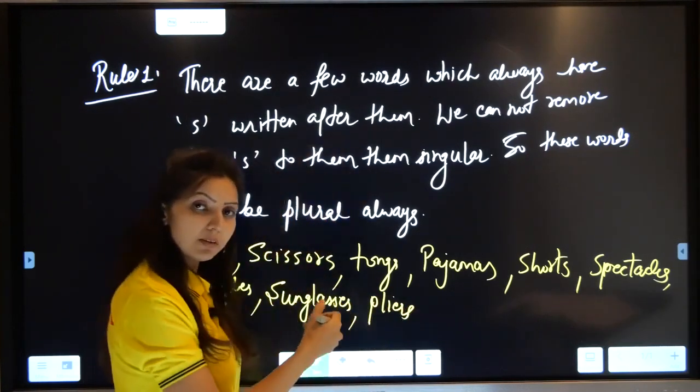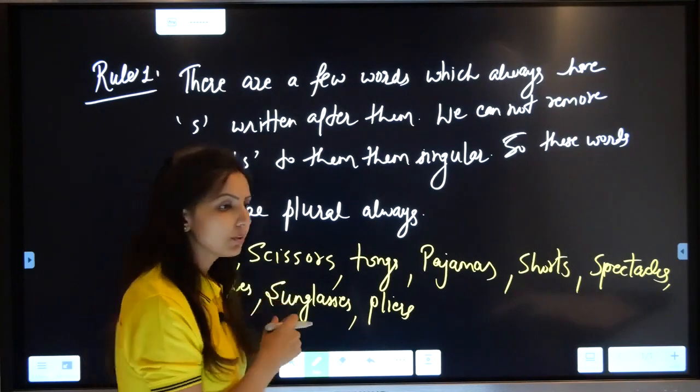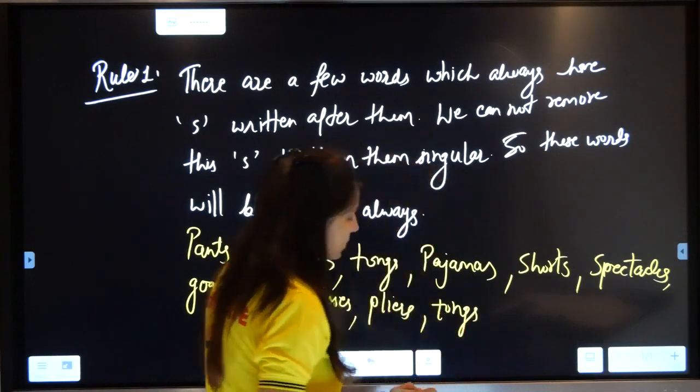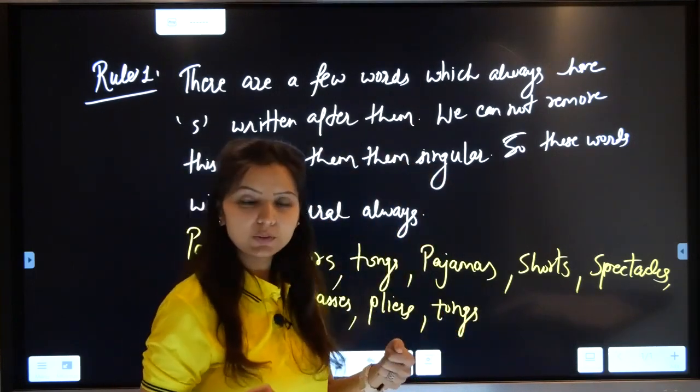Electricians use this instrument, pliers, to tighten some screw or something. Tongs. What is tongs? Tongs is the kitchen instrument which we use to make chapatis.